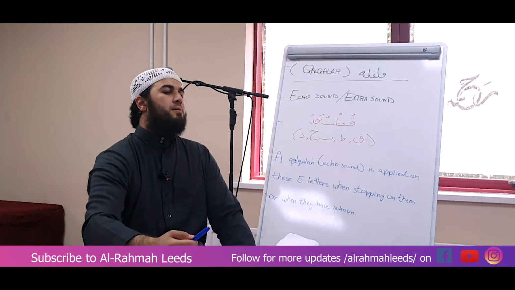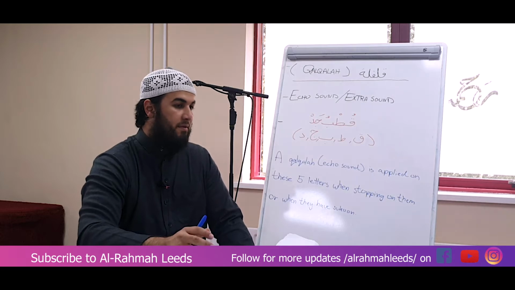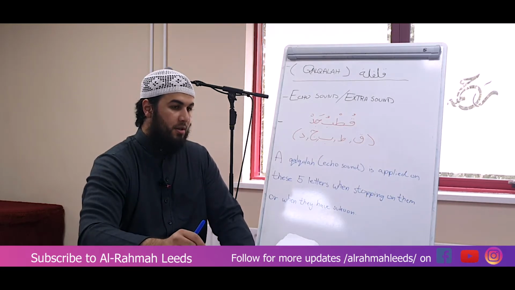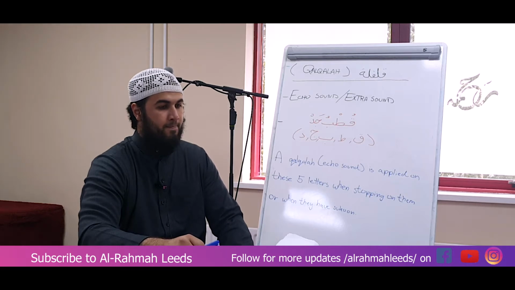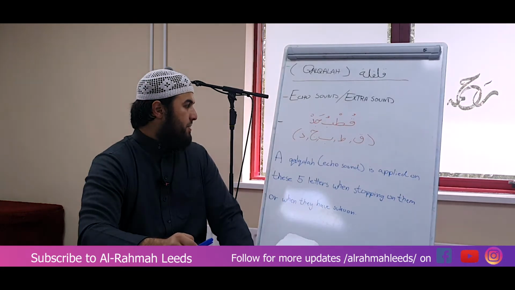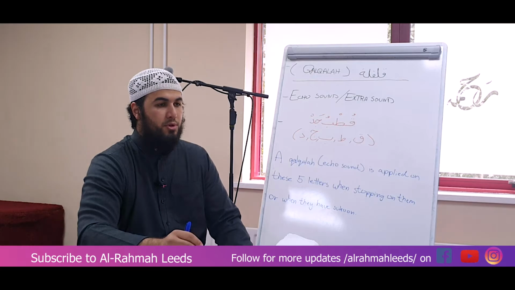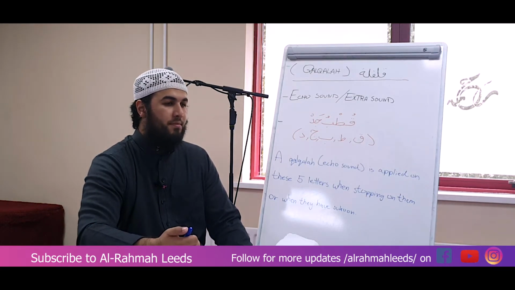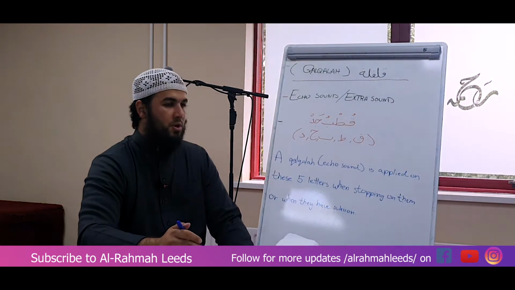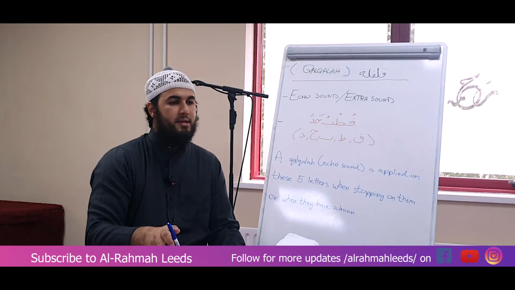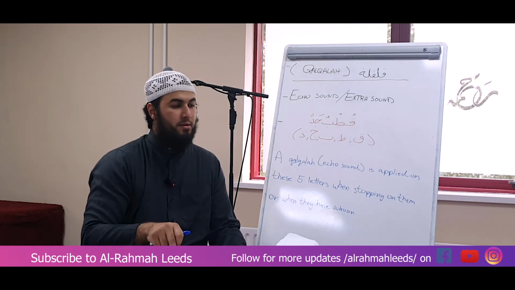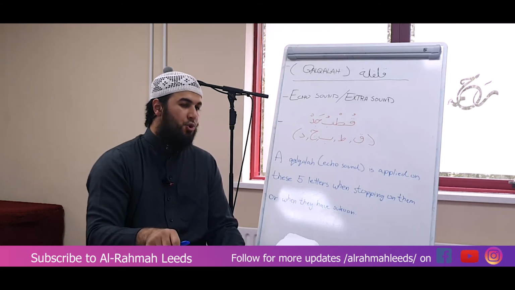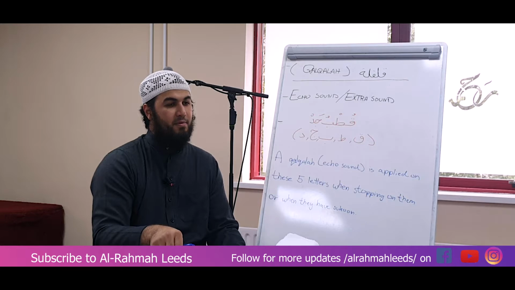This ruling is easy. You just need to remember that these are the five letters: قطب جد, qaf, taa, baa, jeem, dal. If a letter has a sukoon itself, it means what? Silent. So when you get to the letter that's silent, it doesn't have a vowel, it doesn't have a haraka, so you briefly stop at that letter before you carry on.